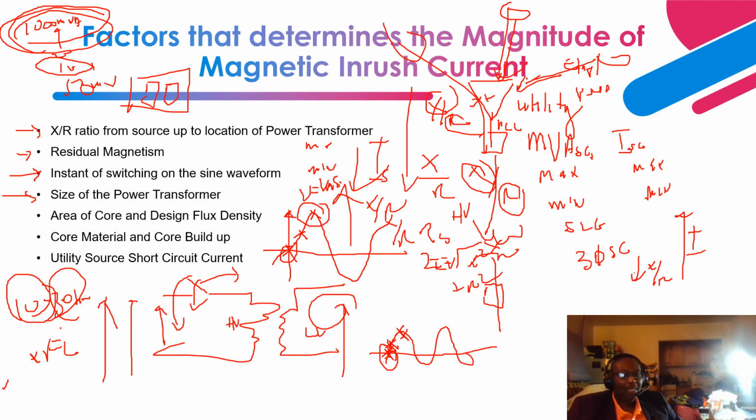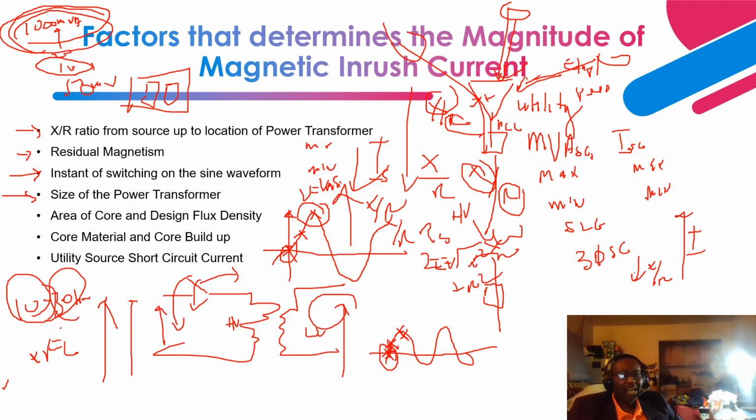The size of the core of a 1,000 MVA transformer is far larger than that of a 100 MVA, that of a 200 MVA, that of a 300 MVA, all the way up to about 900 MVA. Because of this larger core, it's going to require a larger magnetic inrush to magnetize the core and achieve the required voltages on the primary side and the low voltage side, which is the secondary side.